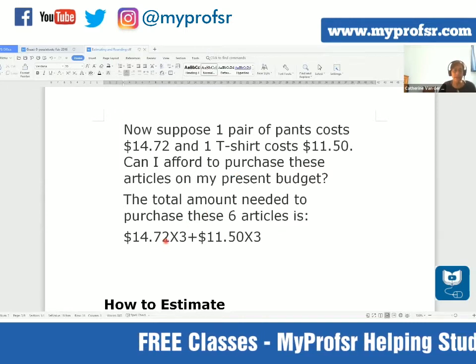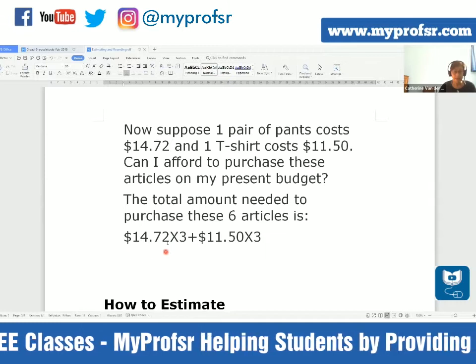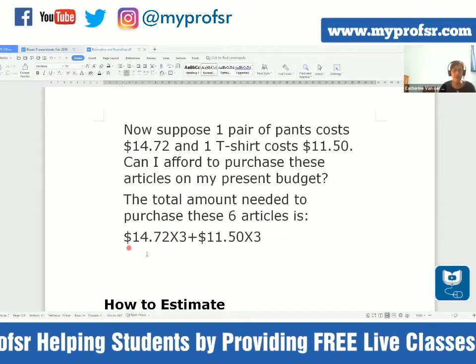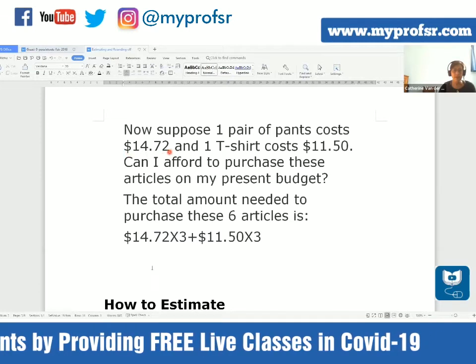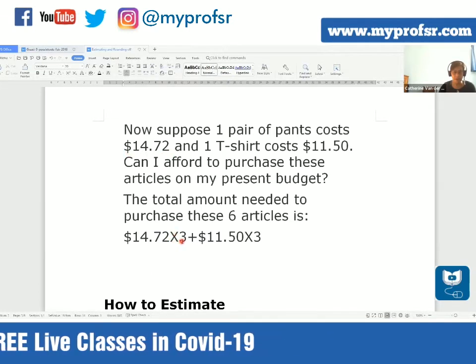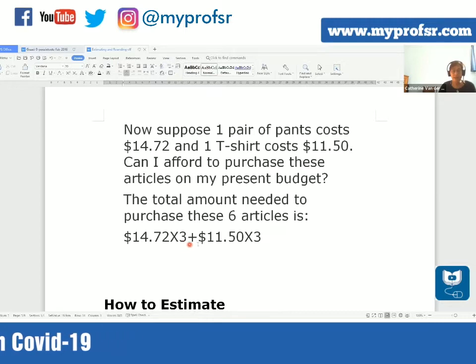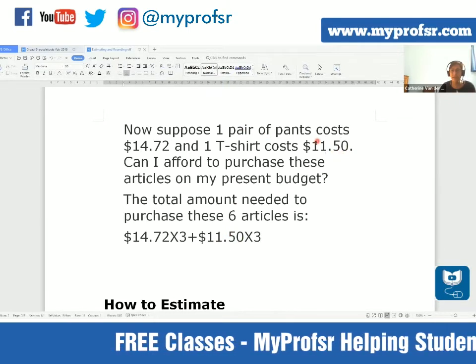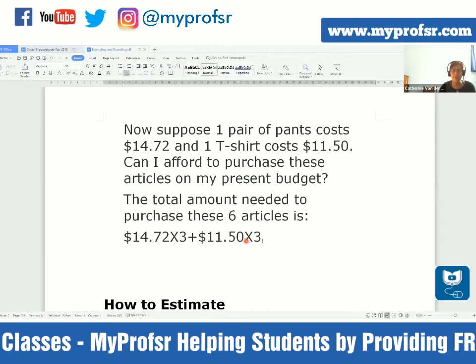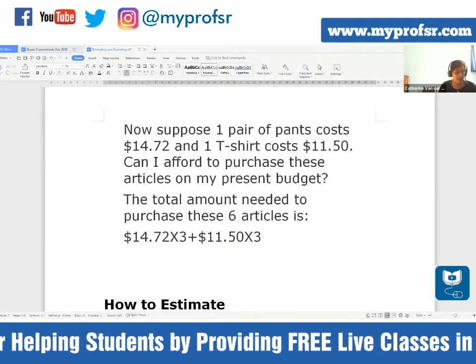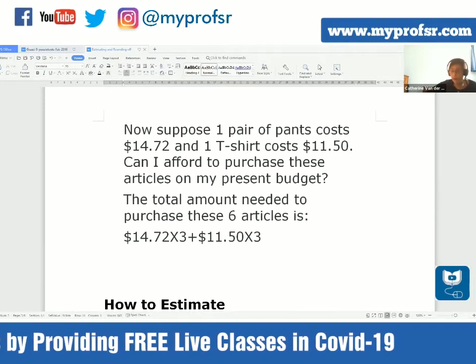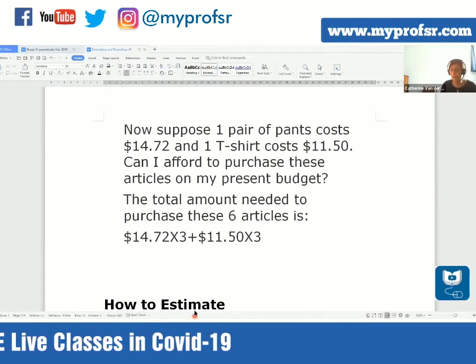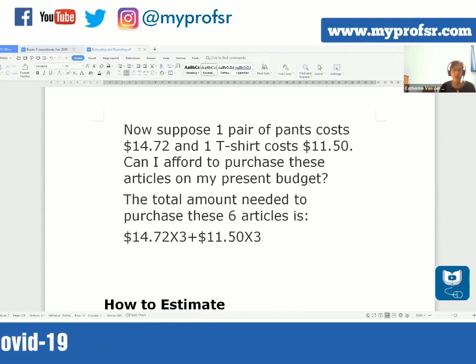You have to take the price of the pants, $14.72, and you have to multiply it by 3, and to that you have to add the price of the t-shirts, and that is $11.5, and you have to multiply it by 3. So if you have a calculator, you can calculate that quickly, or you can quickly estimate.